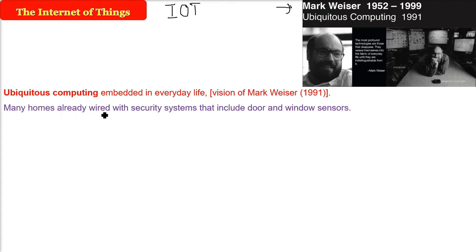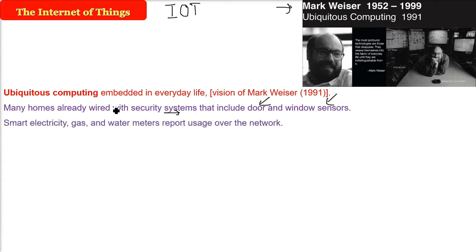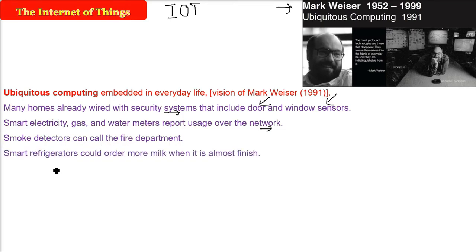So today we have security systems, we know the door and window sensors, every one of us has it. The smart electricity, gas, and water meters will tell you what the usage is. There are smoke detectors. It can directly call the fire department, not just beep.